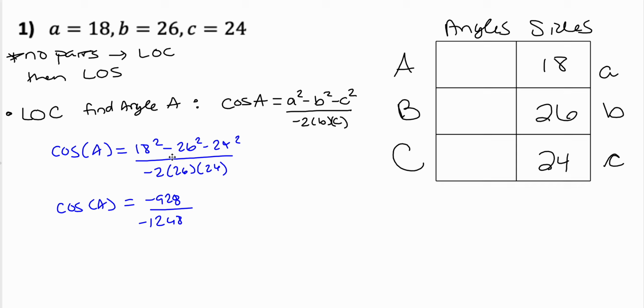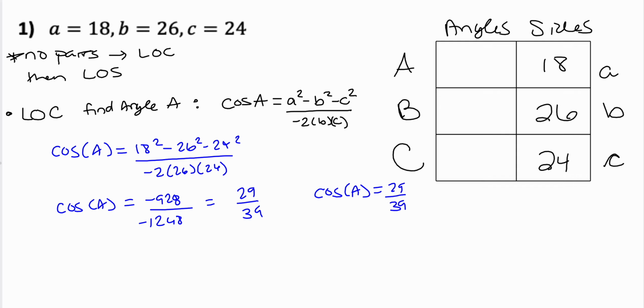We'll just simplify that real quick. -928 divided by -1248 as a fraction, so we do want to keep it as a fraction instead of a decimal, is equal to 29 over 39. So I have cosine of big A is equal to 29 over 39.